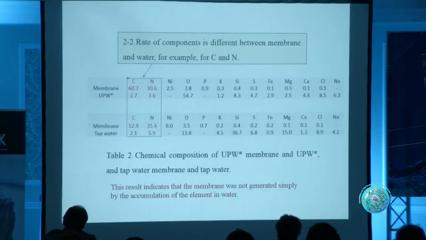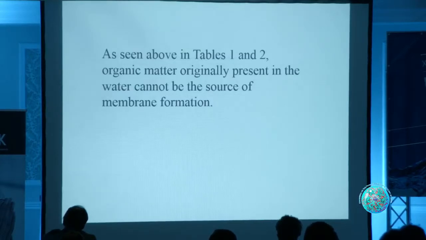This result shows that the membrane was not generated simply by the accumulation of the element in water. Then, as seen above in tables 1 and 2, organic matter originally present in the water cannot be the source of membrane formation.